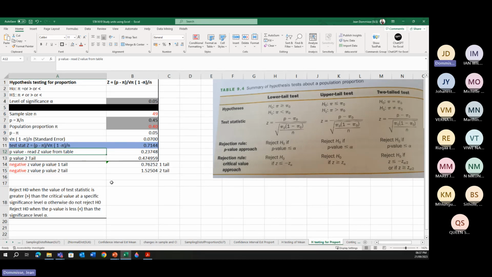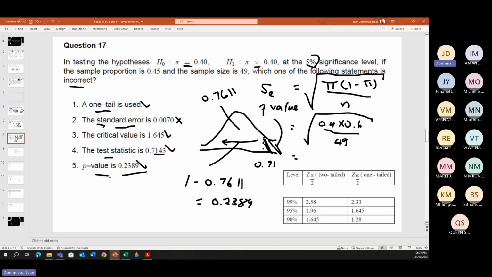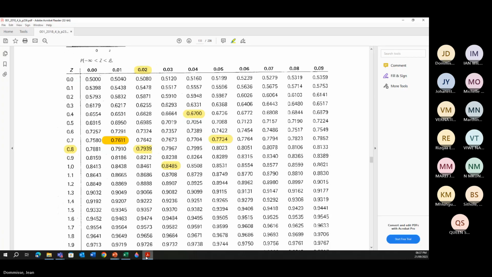If you needed to get more information, you can see everything in this question was covered, except the one tail that we can't build into Excel. But that's easy enough to see from your hypothesis, and the critical value is easy enough to get from your table. So it might be that we can just again include the table here if needed.